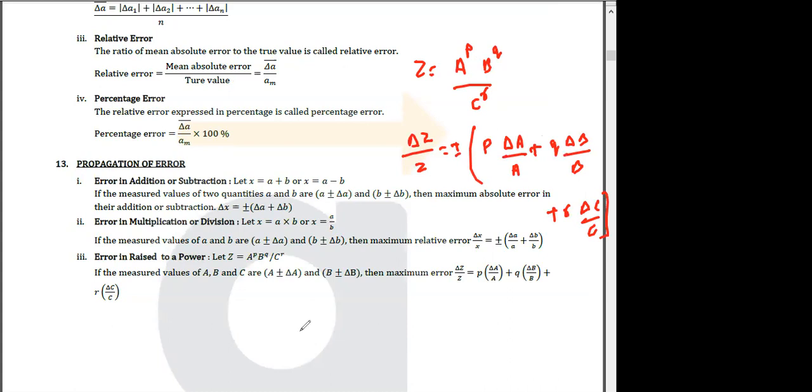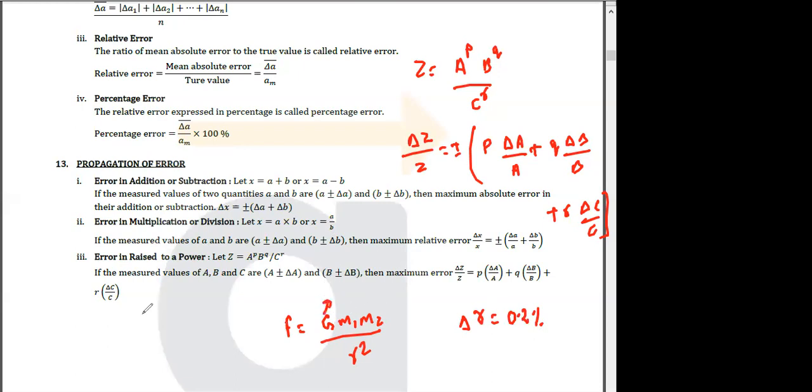Suppose force is equal to G m1 m2 whole by r square. Now if delta r is, tell me, 0.2%. Is this clear? And mass is not changing, and G is constant.